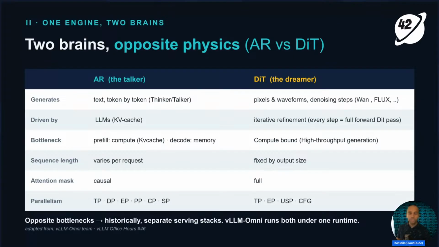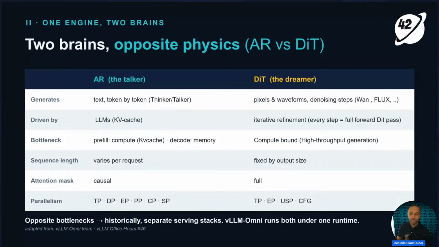Early on, it was like 50 steps just for one image, but with recent models, it's way less, down to 10, 6, or 7. So it's compute bound. And since we're not dealing with tokens, the sequence length is fixed by your output size. So then the attention is full. Every patch sees everything, right?